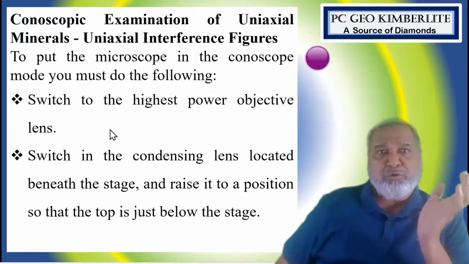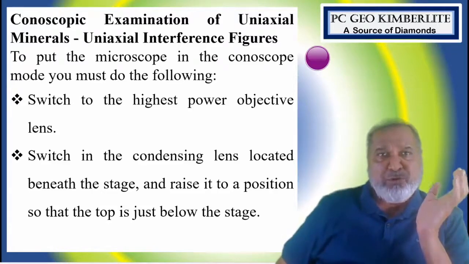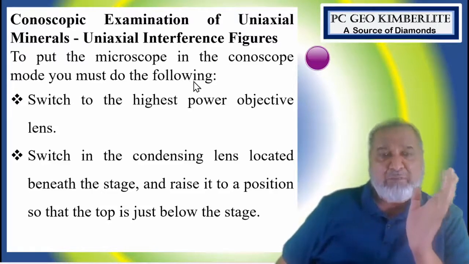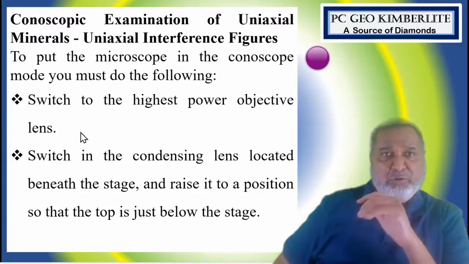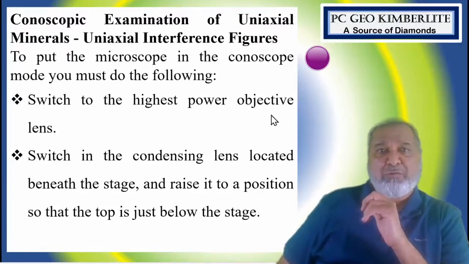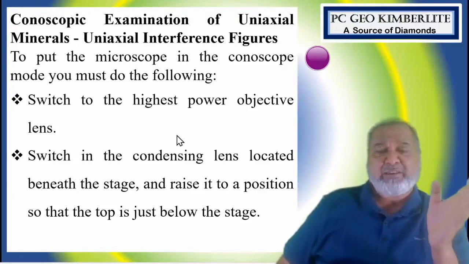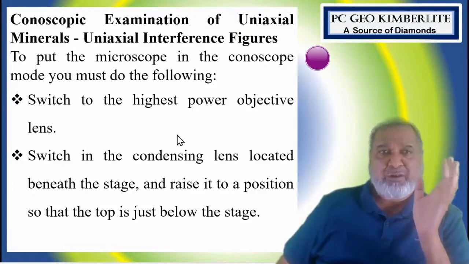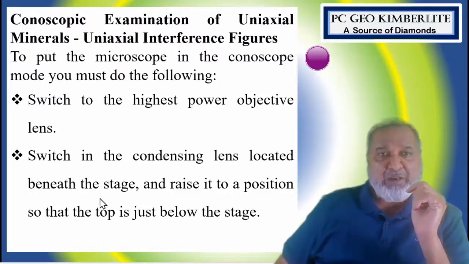To put the microscope in the conoscopic mode, you must do the following things. One, switch to the highest power objective lens, 45x. Two, switch in the condensing lens located beneath the stage and raise it to a position so that the top is just below the stage.